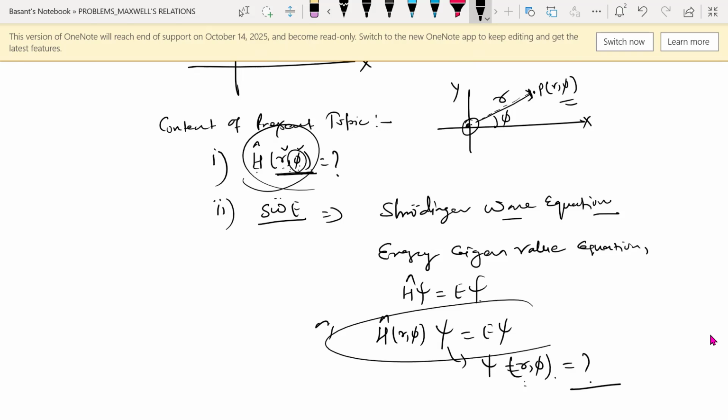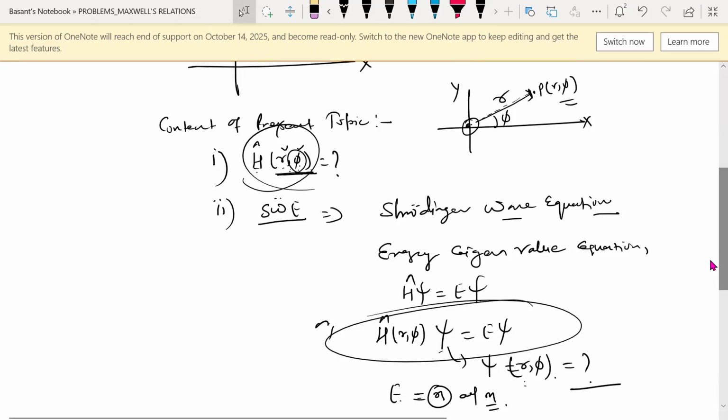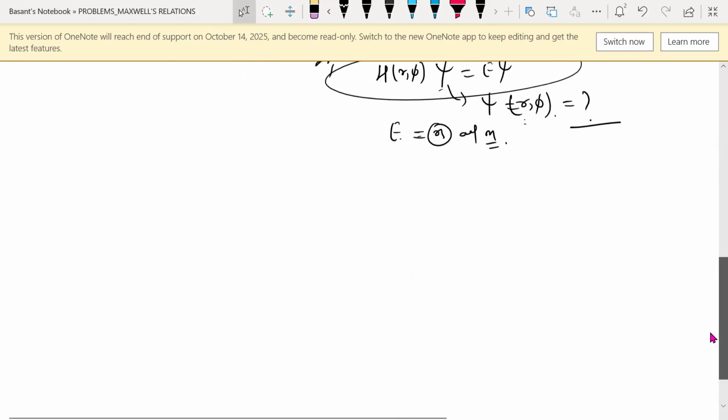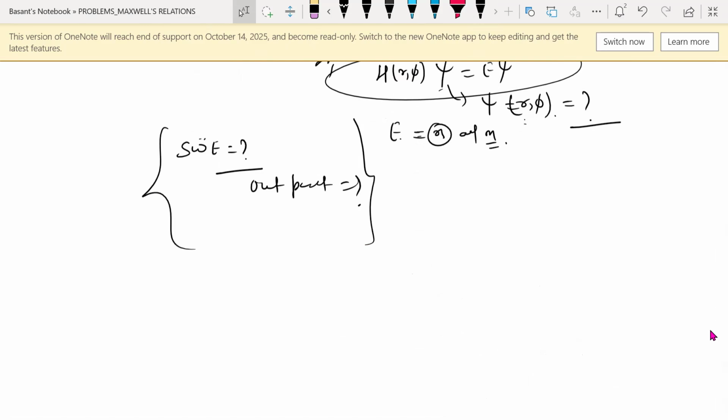By solving this equation, we get energy which is based on two quantum numbers, that is n and m. So secondly we know about the Schrodinger wave equation: how can I write it, and what is the output? We know about this.